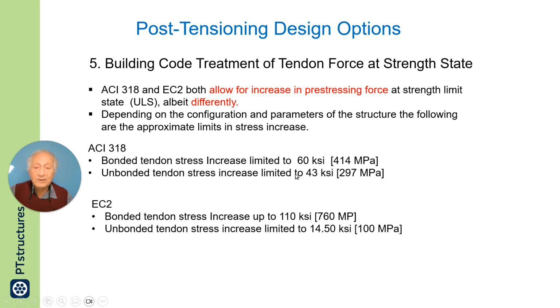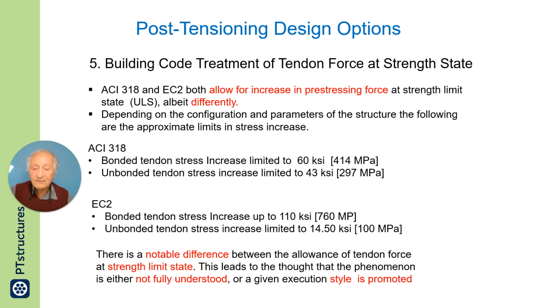Here we prefer unbonded, 43. There they prefer bonded, so they put 14.5. Anyway, there are elements and forces behind the code provisions in each locality, how to push the provisions. There's a notable difference between the allowance of tendon force at strength limit state.